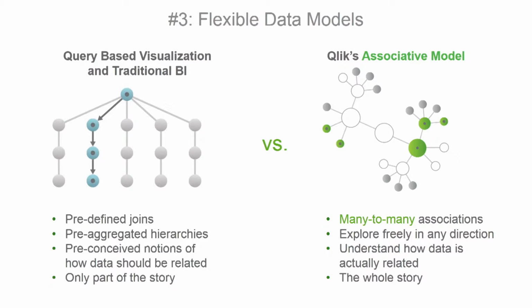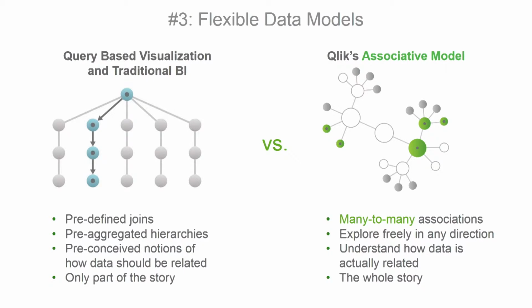And why is this possible? It's possible because nothing is predefined. When you read data inside Qlik, it associates it, meaning that it connects everything with everything. So nothing is predefined. If you drill down or select something in your data, you make some findings.